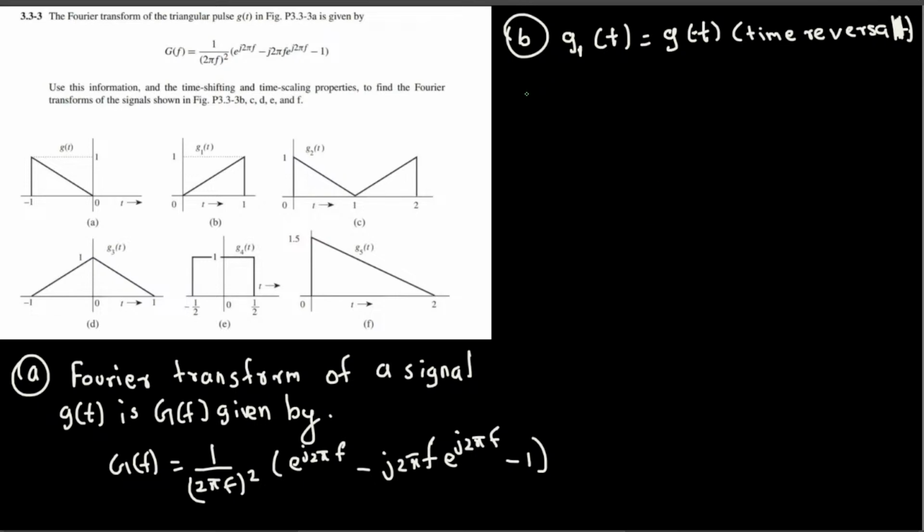So now we have to find the Fourier transform. The Fourier transform of g1 of t is actually the Fourier transform of g of negative t, which is equal to G of f. Now let's go ahead and find it. For this one, we have to plug in a negative value for all the f.